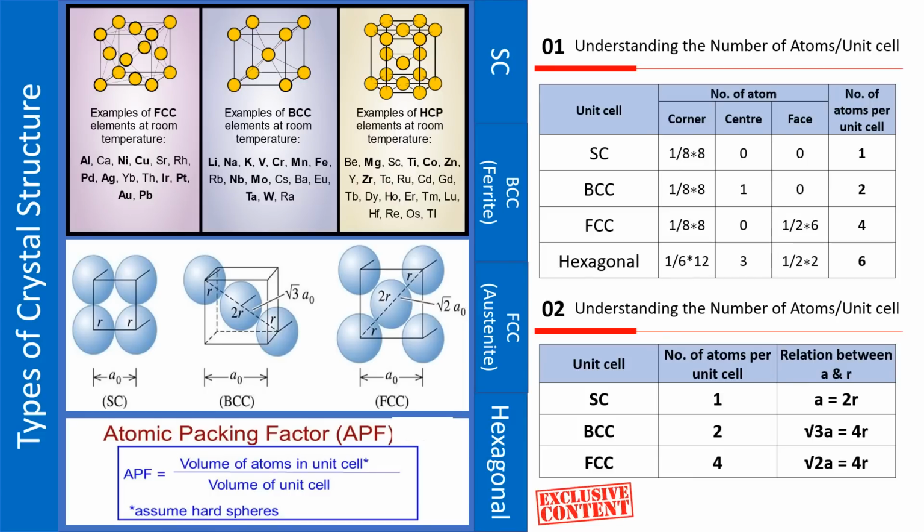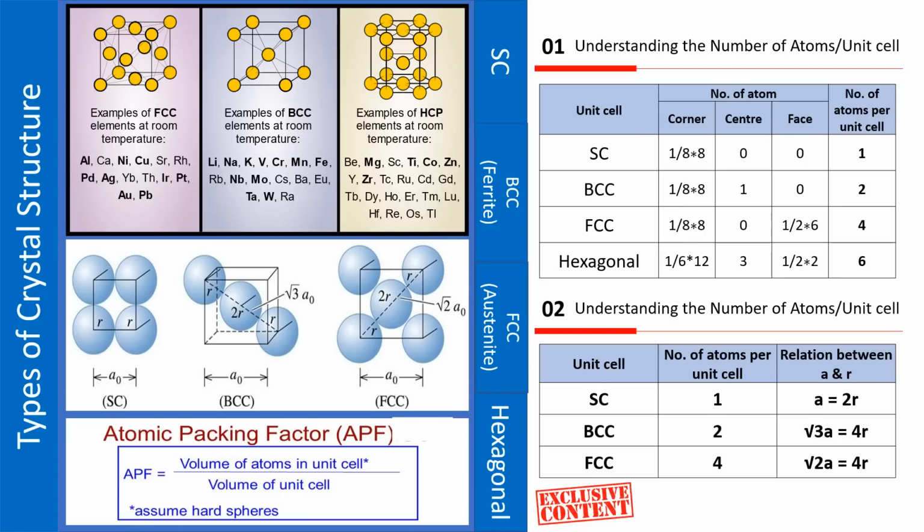So we can establish this hypotenuse with respect to the dimension of the lattice, and we can conclude under root of 3 into A, that is the dimension of lattice, is equal to 4 into R, that is the radius of atom. So this way we have just calculated the relation between lattice dimension and the radius of the atom.